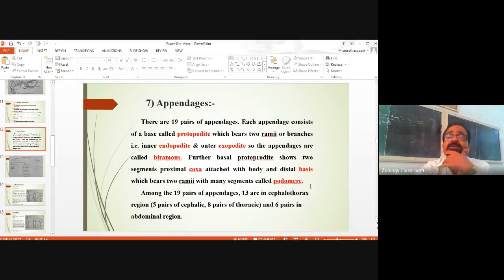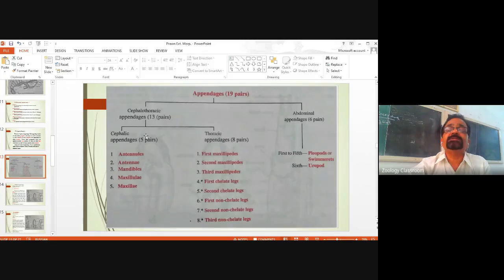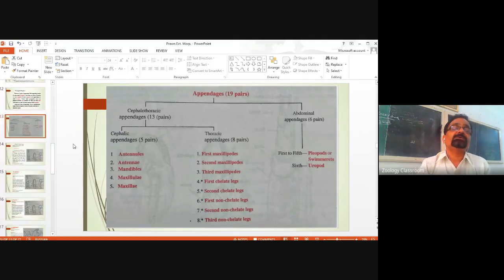This is applicable as far as the antennules and antenna are concerned. Podomeres are present there. Among the 19, as I mentioned, this is the distribution of the appendages in the two main regions of the body, the cephalothorax and abdomen. Now one by one, we will be talking about them.